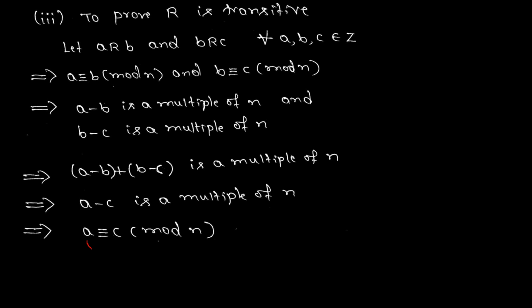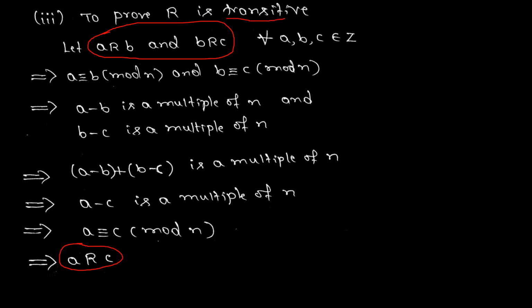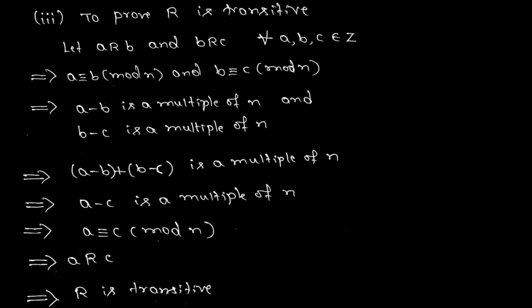Therefore, we can say a is related to c. What we did is consider these two and prove this. Therefore, R is transitive. So we proved all three conditions: reflexive, symmetric, and transitive.